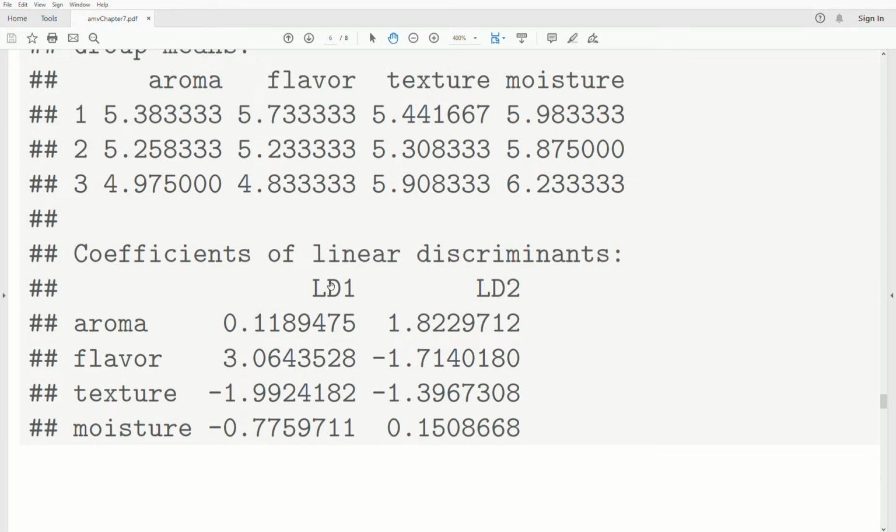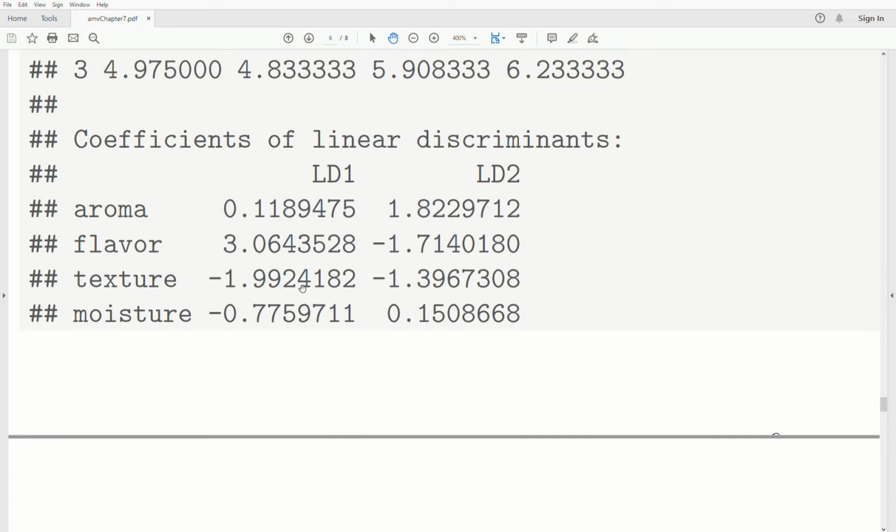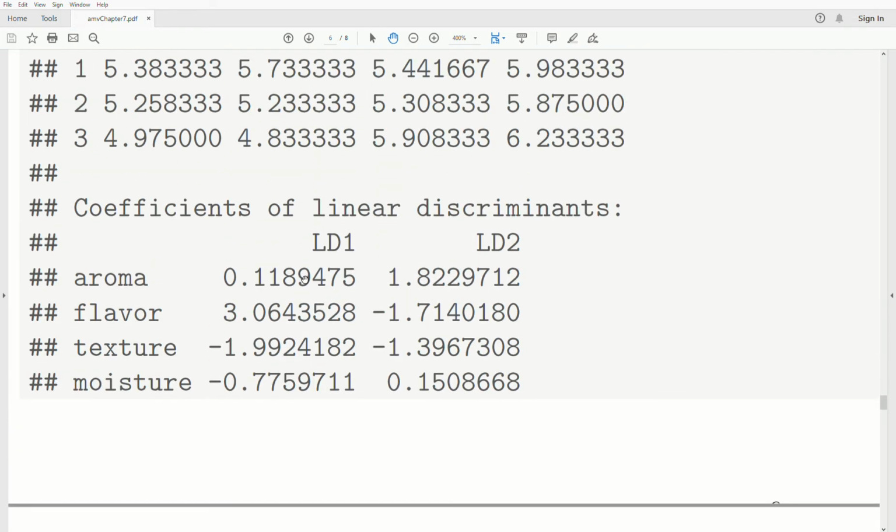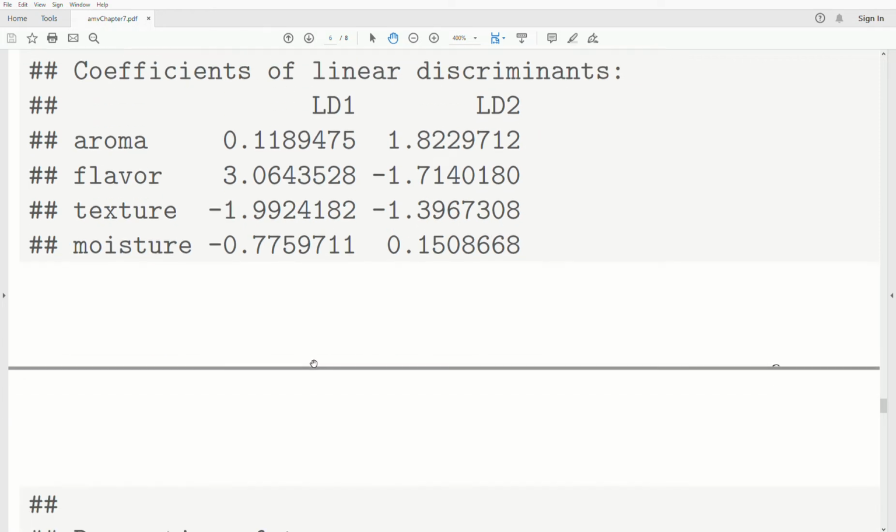Now, LD1, it maximizes the statistical distance between all of these group means, right? That's what it's for. And LD2, also, it helps. It's the next maximum way to differentiate the means. It's actually orthogonal to LD1.